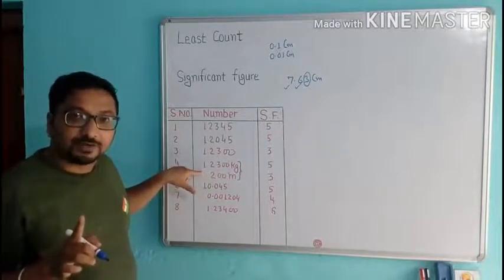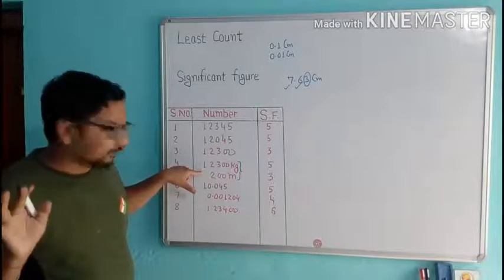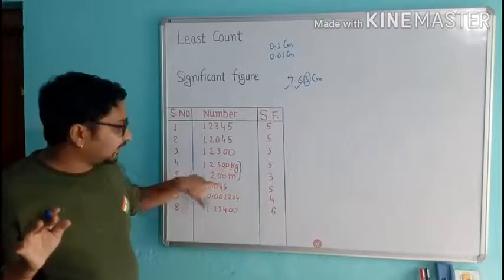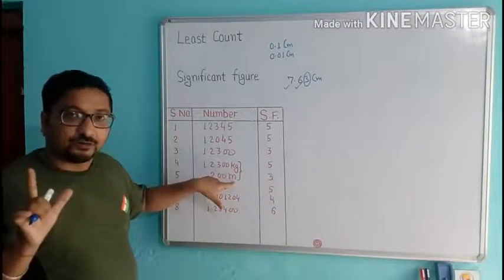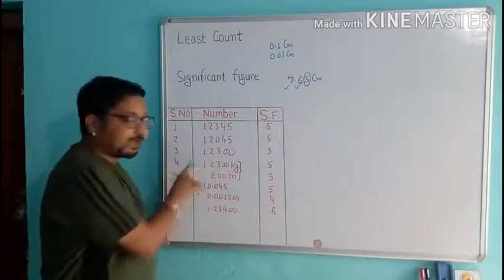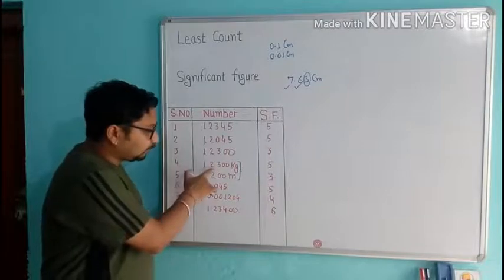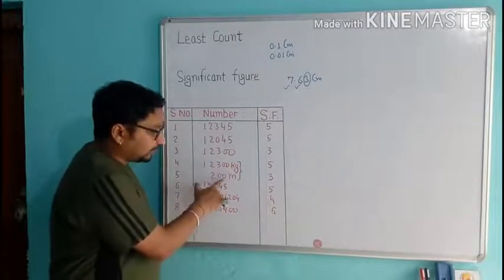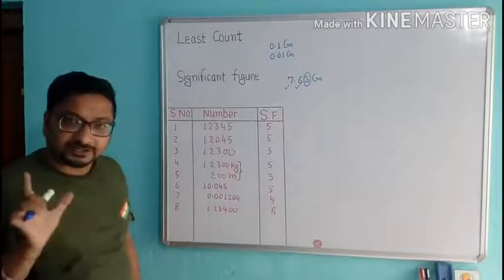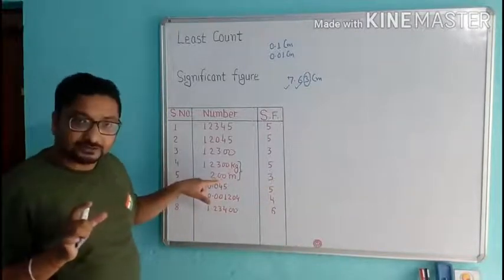Okay. This is not just a number. This is a measurement of a quantity, in kg, in meter. So we count every number as a significant figure. So there will be 1, 2, 3, 4, 5, 5 significant figures. 1, 2, 3, 3 significant figures. We count 0 as well.